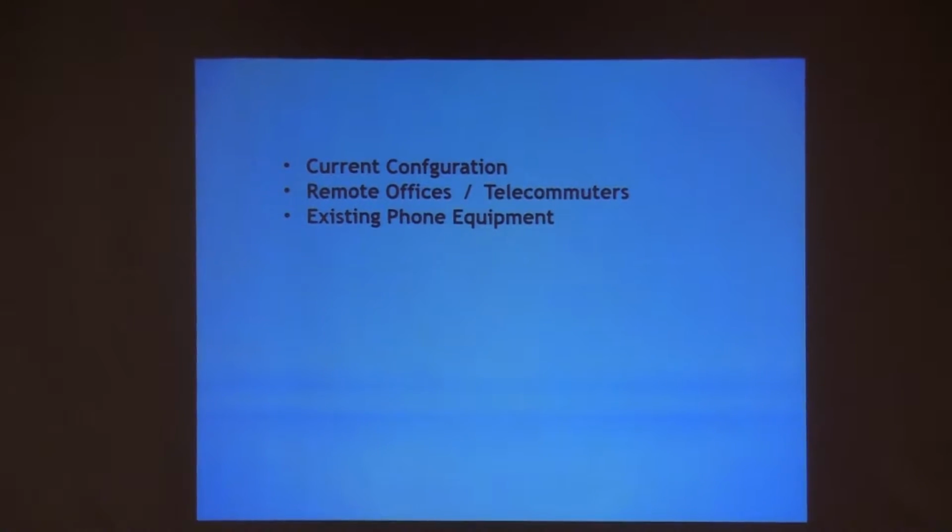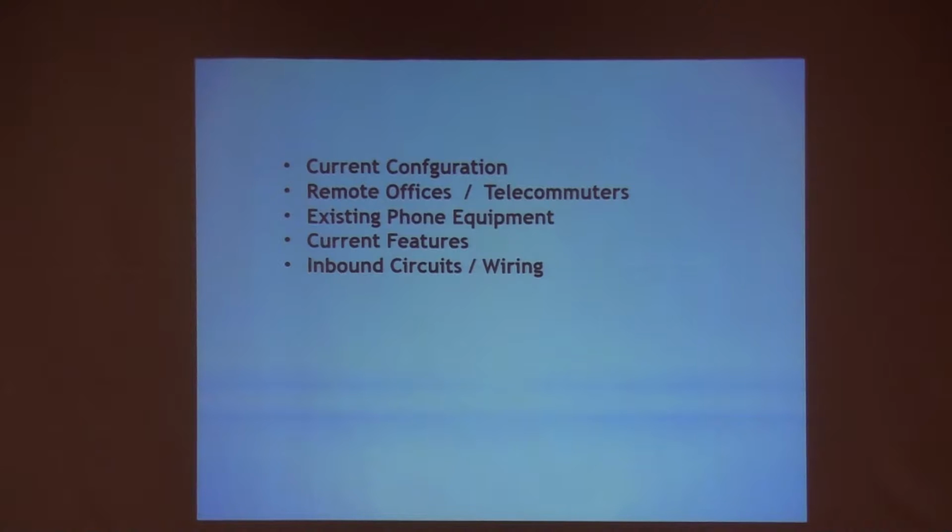And we're asking that partly so we can determine whether or not the phone equipment that's in place can be reused after migrating to the new PBX. Then come questions about how the system currently functions, what they like about it, and improvements that they'd like to see.